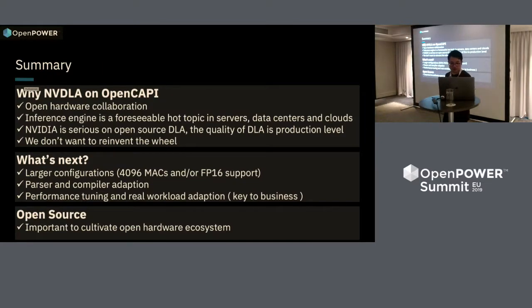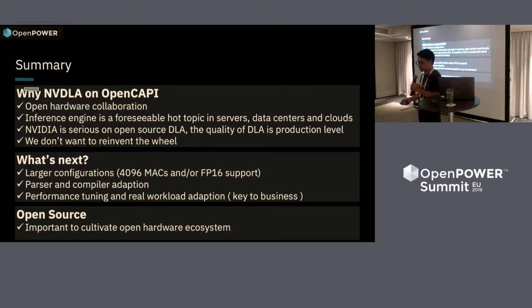And then here is the summary. Right now, I think NVDLA and OpenCAPI are a good example to show how the open hardware ecosystem, how the open hardware community, can work together to deliver a real business product. The next step of our work is to have larger configurations.